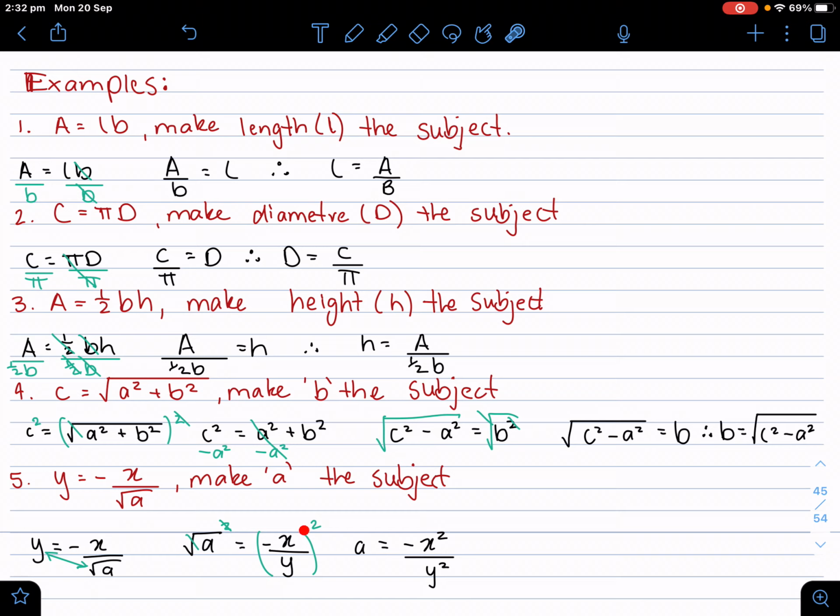That squared applies to the top and the bottom. You could leave that like that, or you could write it like this, as I have in totality there. But the main thing is that a is a subject and a is by itself on that side of the equals. Now, normally we prefer, or the syntax that is correct, is that the pronumeral should be on the left-hand side. It's just the way we read, left to right.